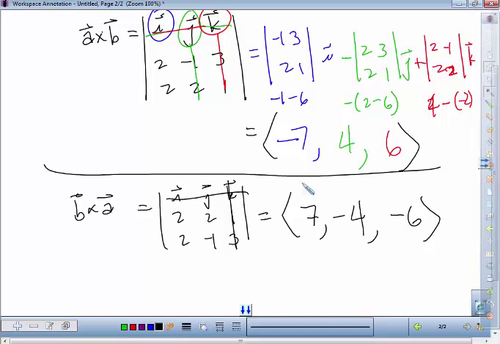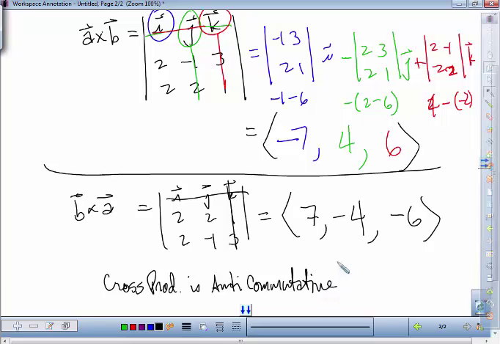So sometimes they call that anti-commutative. Cross product is anti-commutative. Okay.